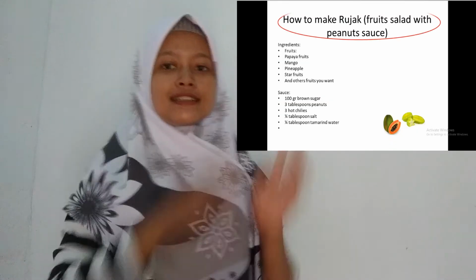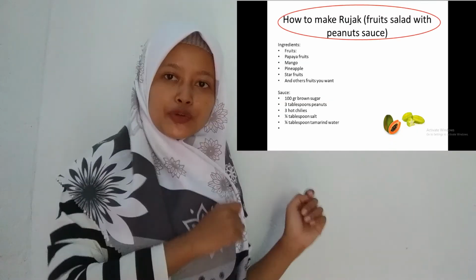Now we come to our lesson today about procedure text. We will analyze the generic structures of procedure text by looking at the text about how to make rujak. So we start with the title. The title is How to Make Rujak.